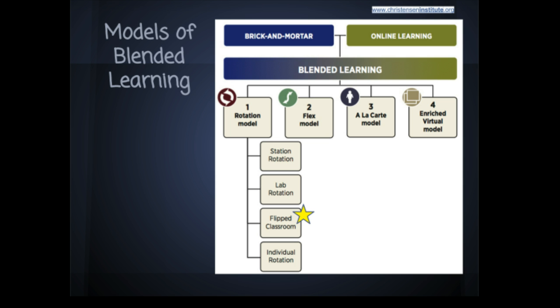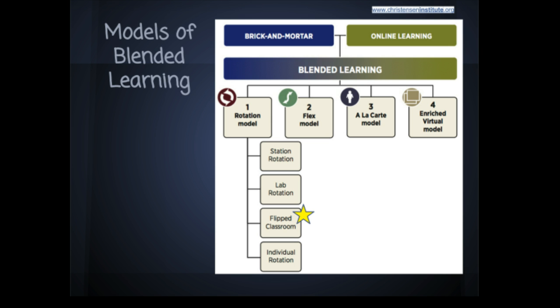Flipped classroom, you may have been hearing a lot about lately. It is actually a rotation model. Students rotate on a fixed schedule between face-to-face, teacher-guided practice or projects on campus during the standard school day and online delivery of content and instruction of the same subject from a remote location. Often this is at home after school.